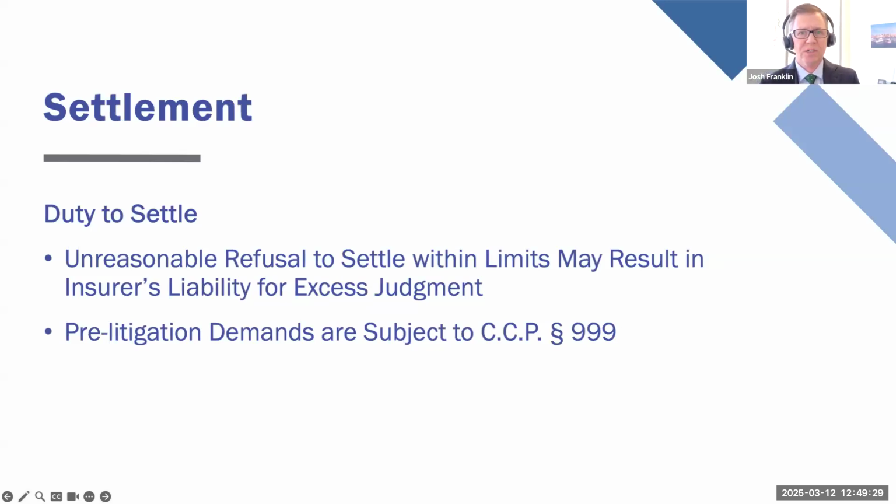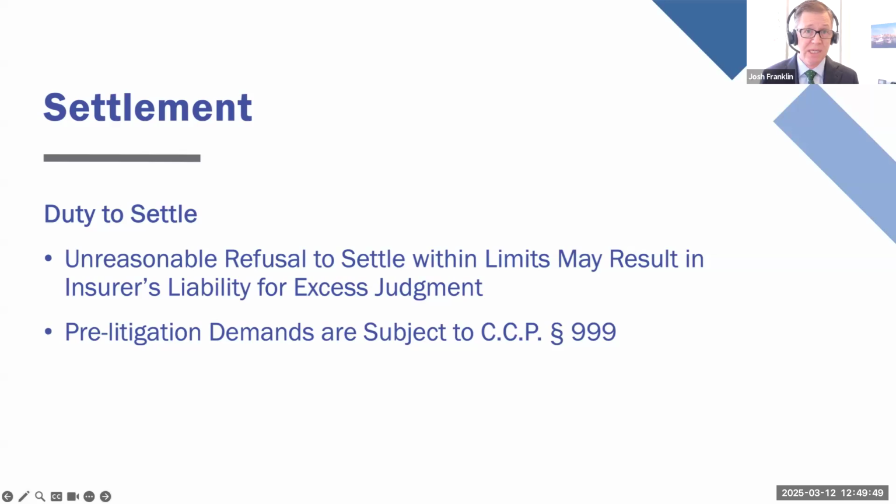In California, insurance companies have a duty to settle. It requires the insurance company to resolve a claim whenever the insured has real exposure that exceeds the policy limit, and there's a reasonable opportunity to settle within that limit. So let's say it's a $1 million limit.